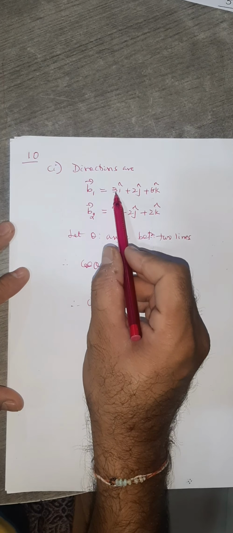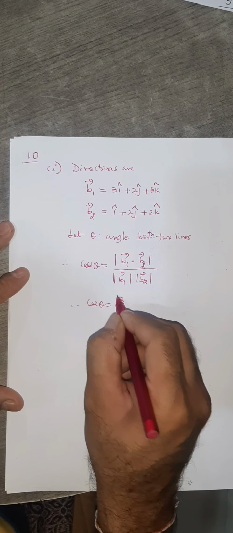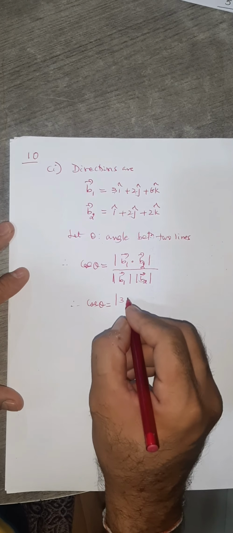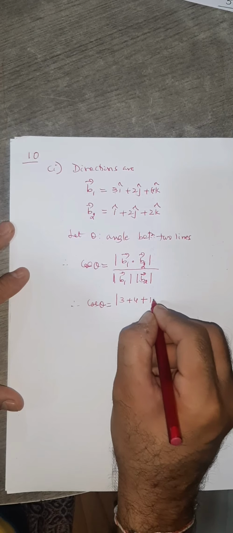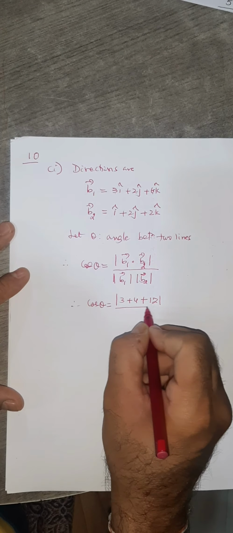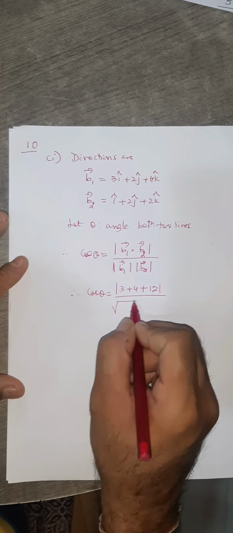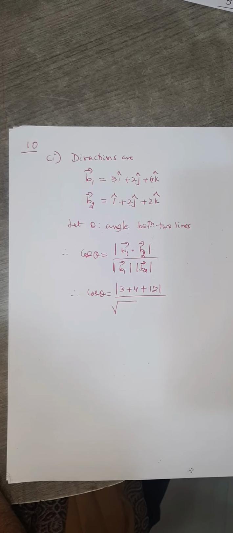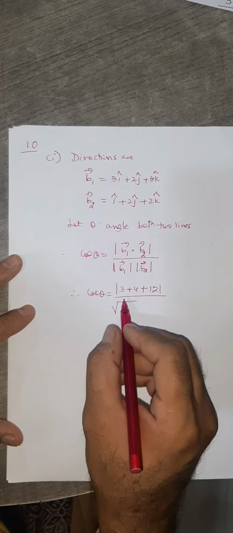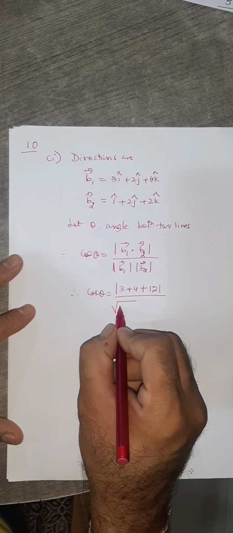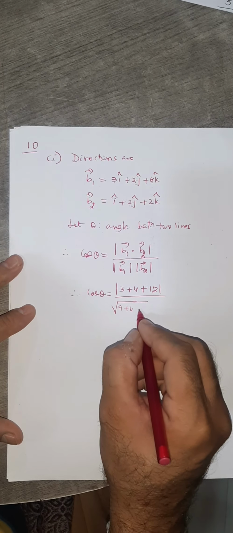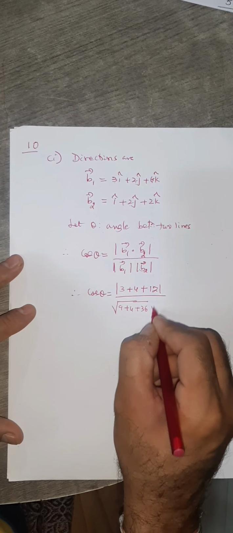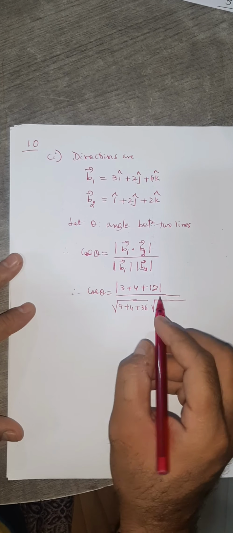What's the dot product? 3 into 1, which is 3, 2 into 2, which is plus 4, plus 6 into 2, which is 12, upon the magnitude of the first one. What's the magnitude of the first one here? That's nothing but root of 9 plus 4 plus 36, into, what about this?